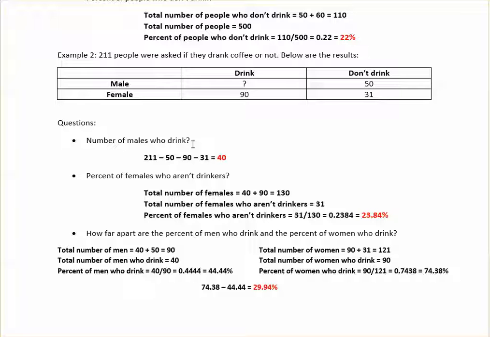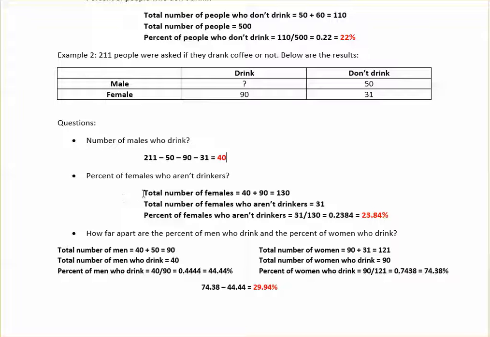So for the number of males who drink coffee, you take the 211, which is your total number of people, minus your 50, which is the number of men who don't drink, your 90, which is the number of females who drink, and your 31, which is the number of females who don't drink, to get your answer, which is 40.